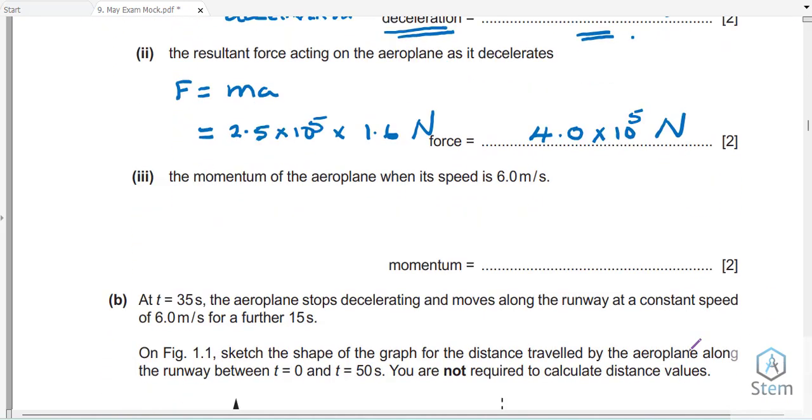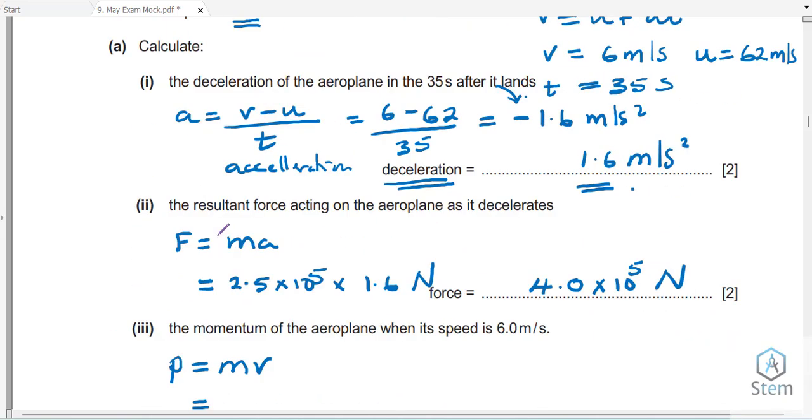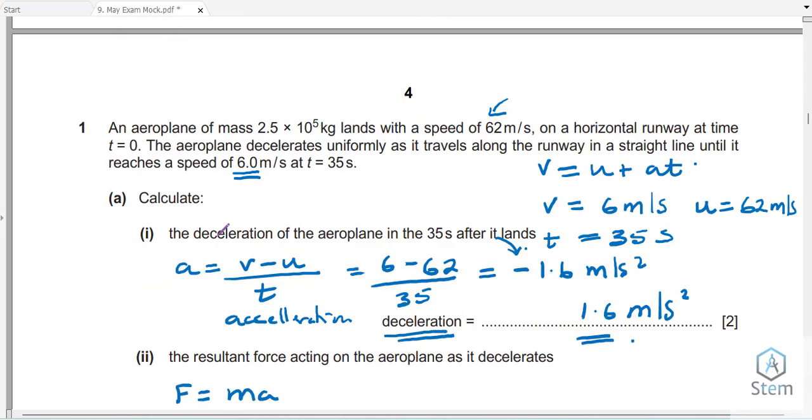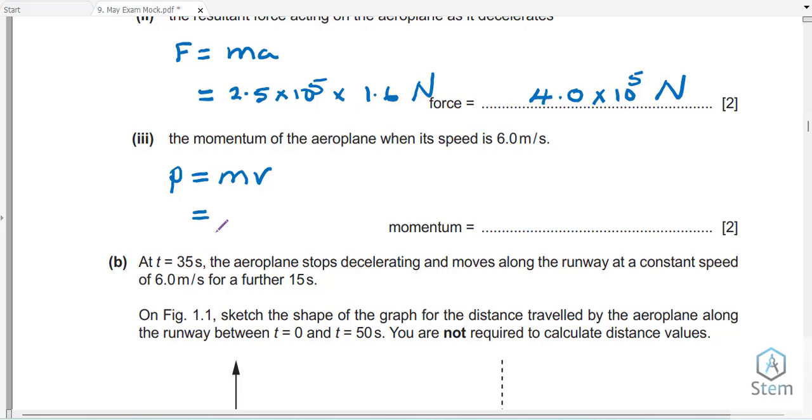Now, when the aeroplane is traveling at a speed of 6 meters per second, what will be the momentum? Momentum is equal to mv, and m is given, 2.5 times 10 to the power 5, and V is given.